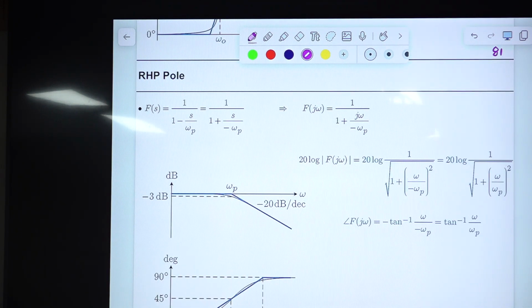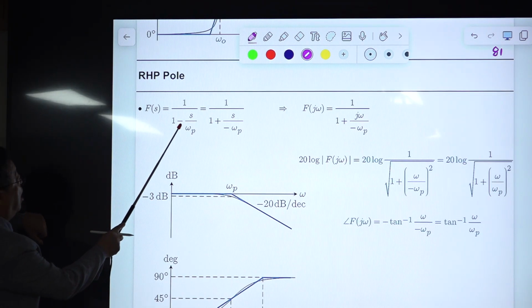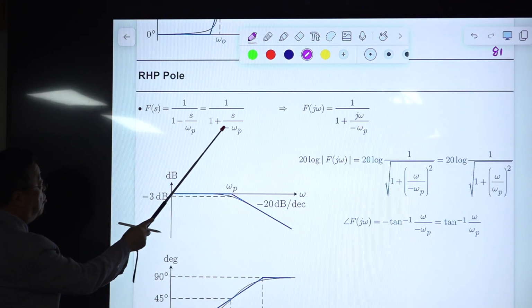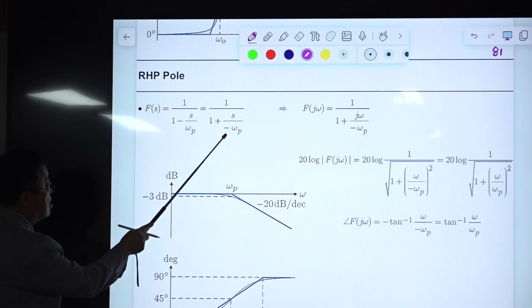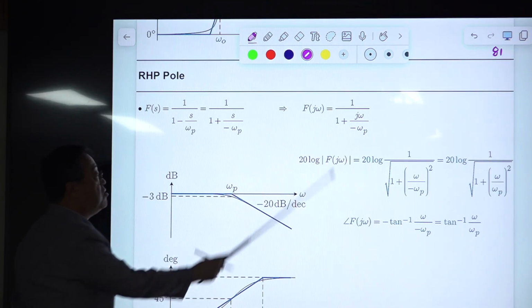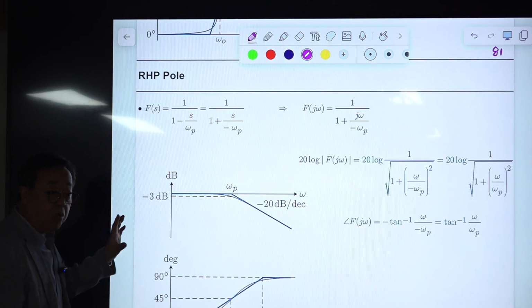And previously we had a plus sign here. Now we have a minus sign, and the minus sign came here. It is located downstairs, and it looks like this. This is called RHP pole.